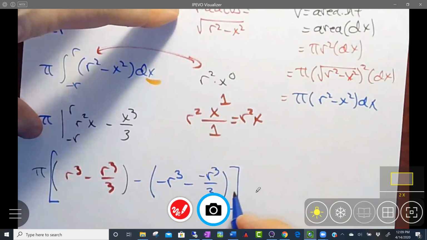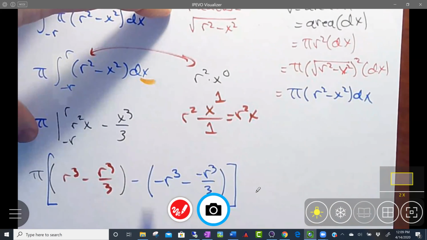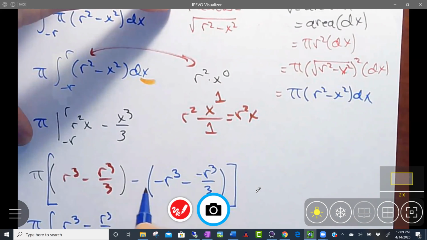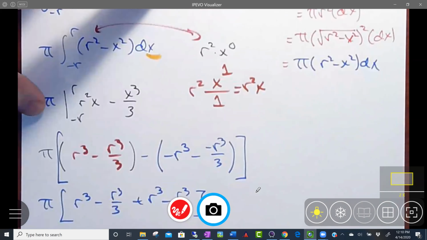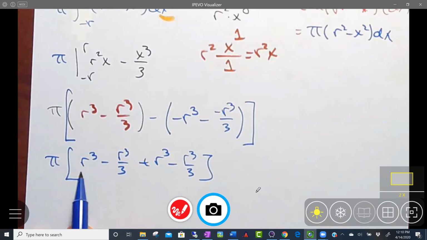So, okay, let's see if we can clean this all up. It's going to be pi times r cubed minus r cubed over 3 plus r cubed plus, let's see, minus r cubed over 3. There's a lot of r cubes here.